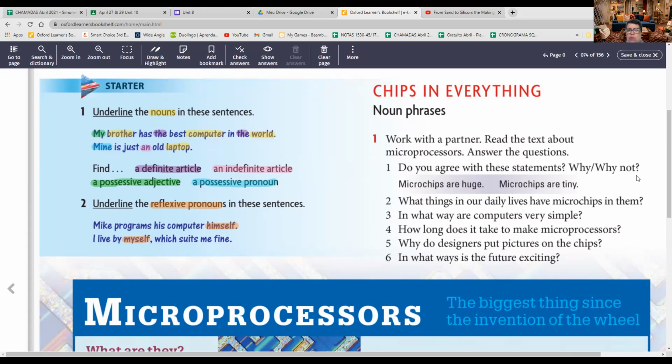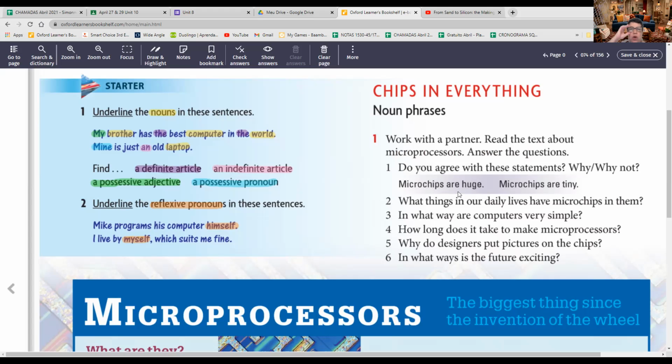Why or why not? Let's take a look at the statements. Microchips are huge. Microchips are tiny. So, do you agree with them? Oh, by the way, huge is the same as very big. Okay? So, do you agree with the first one?